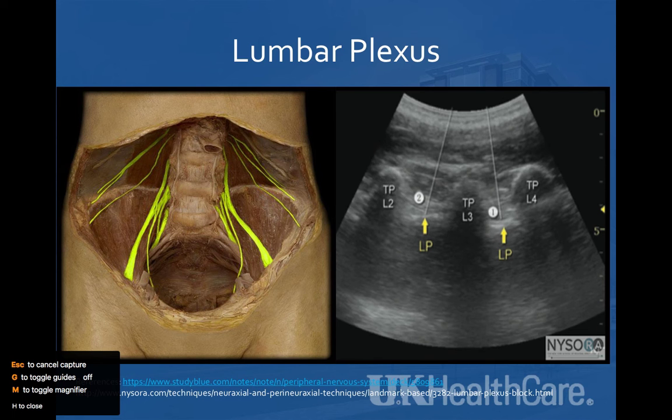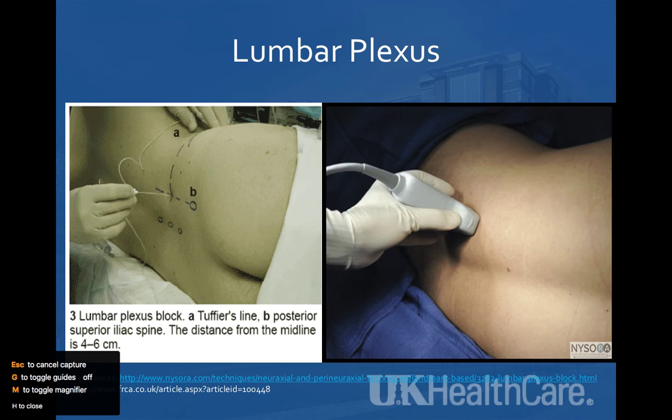Additionally, it would be a fairly steep angle, so your overall appreciation of the needle itself would be very challenging to get to the segment that you need to be to in a safe fashion. So because of the mechanics of how this would be accomplished, it's typically easier for the patient, easier for the proceduralist to get an idea of where you need to be with your needle, but then conduct the block itself more conventionally without the use of ultrasound in real time.